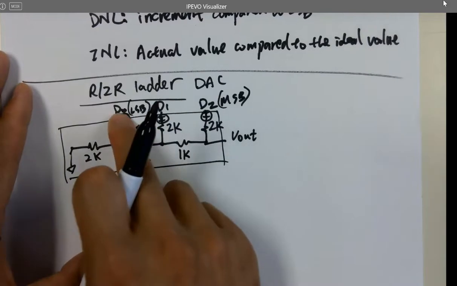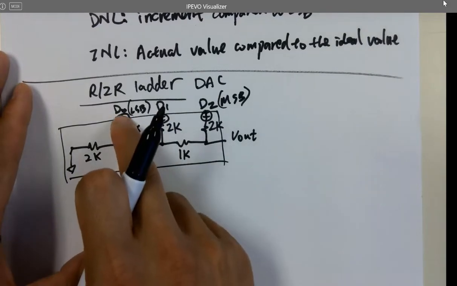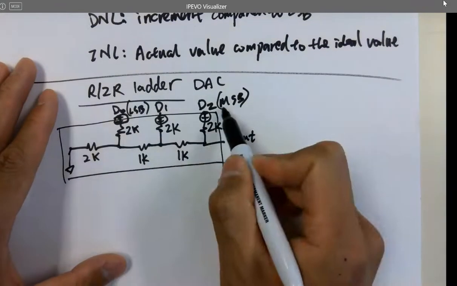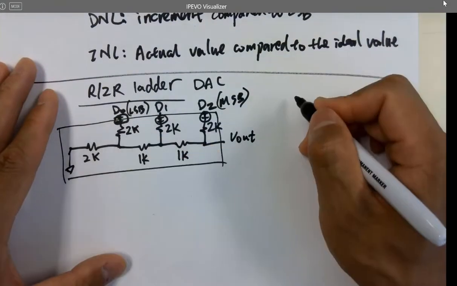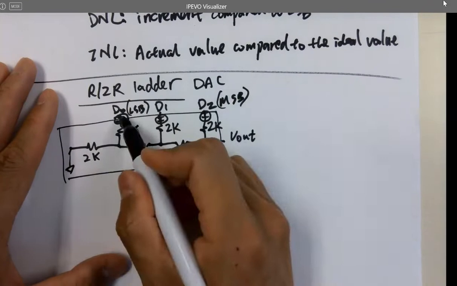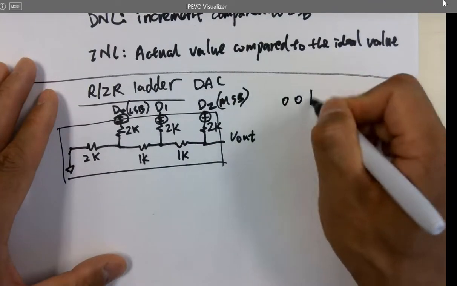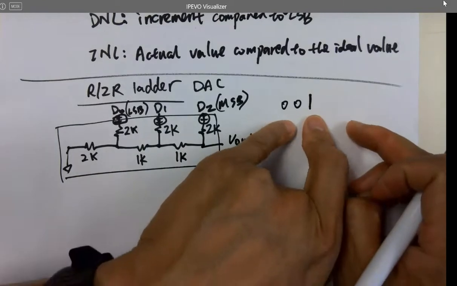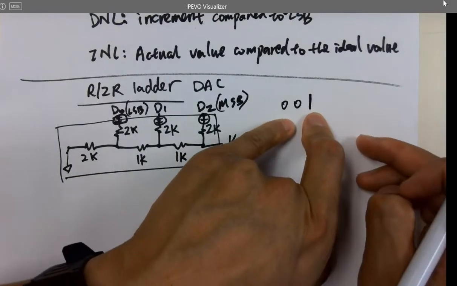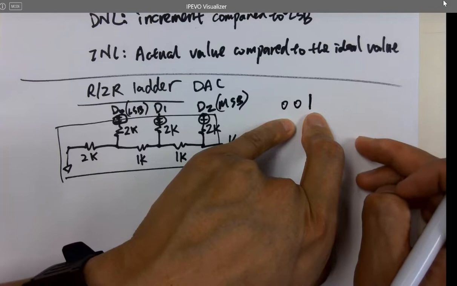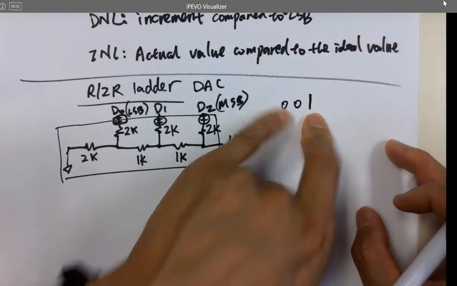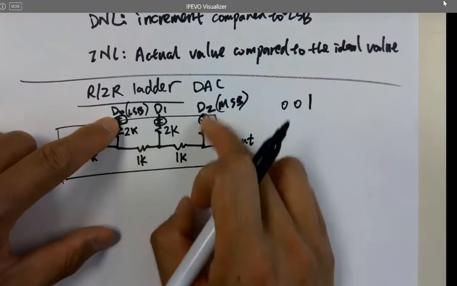So if we only have D0, for example, the input becomes, I already told you this is MSB, this is LSB. So if I only have one LSB turned on, it becomes 001. So which is 1, what are zeros and which one is 1? If I only turn on the one LSB here, this is 5 volts and all the other two are grounded.